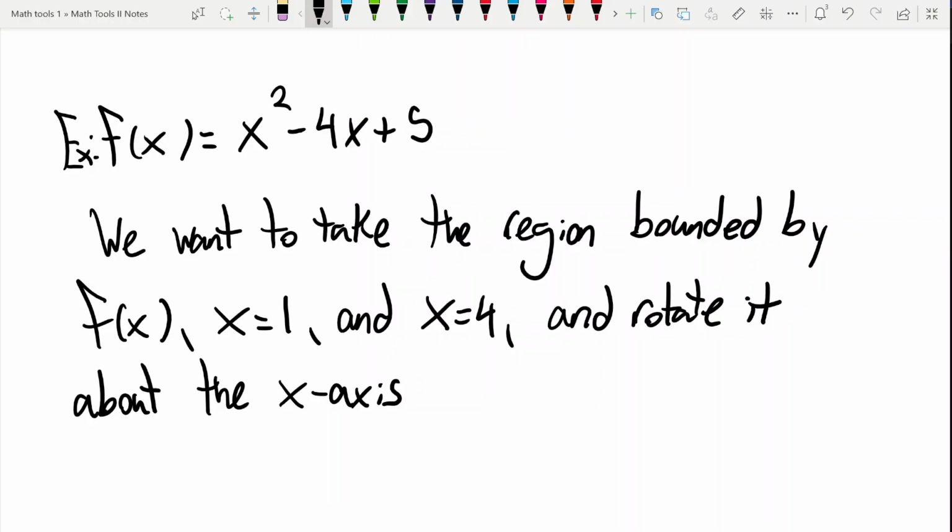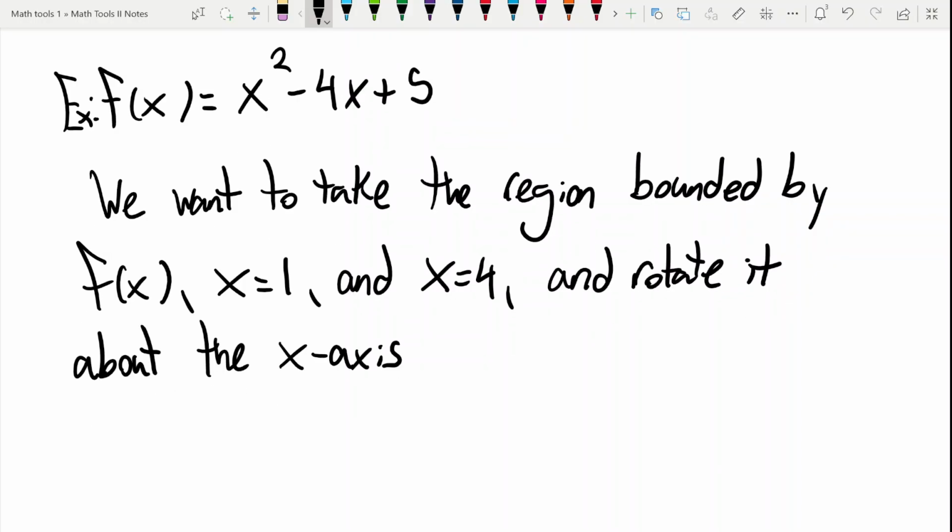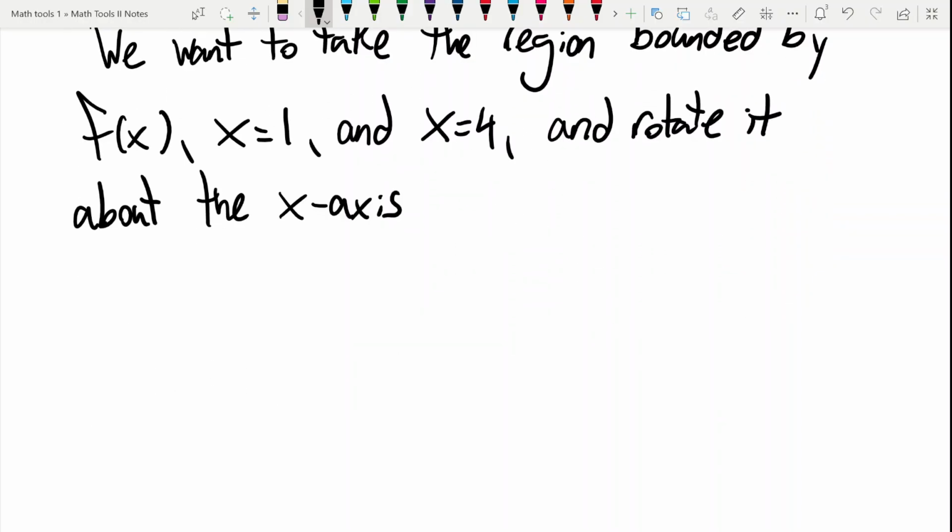So we can use this to our advantage to again find the volume. Here we're going to integrate from 1 to 4 because those are our boundaries. Then we take all of the cross sections, which have area pi times the radius squared, which is f of x squared.